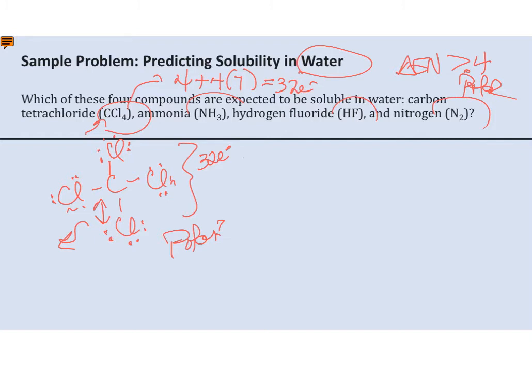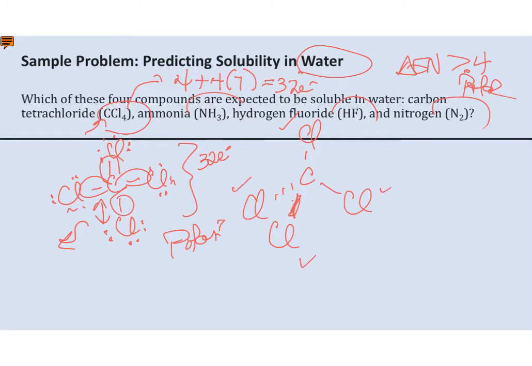So now we're going back to shapes, which is last semester also. If you have 4 domains off a central atom, it is a tetrahedral shape. And in a tetrahedral shape, when all of the 4 atoms that are bonded to the central one are the same thing, it's symmetric.